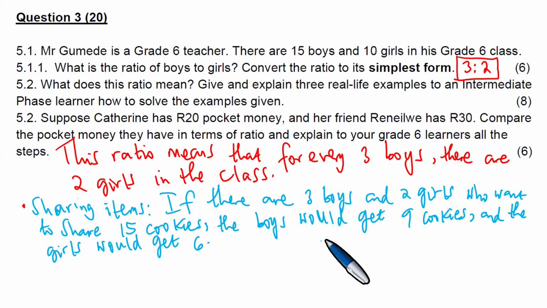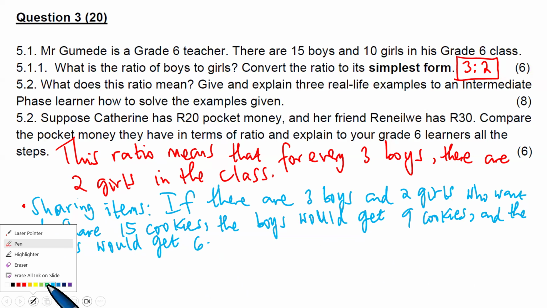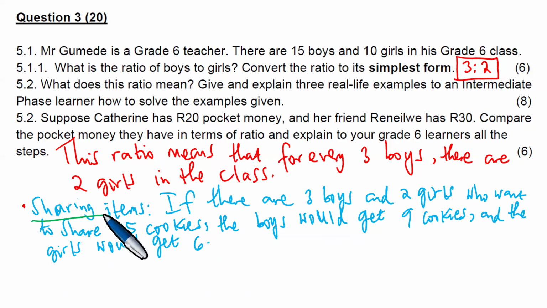Okay, right. Because now we can speak about how ratios can be translated to mean sharing items. If there are 3 boys and 2 girls who want to share 15 cookies, the boys would get 9 cookies and the girls would get 6. Because if you look at the 9 cookies to 6 cookies, this ratio can be simplified.